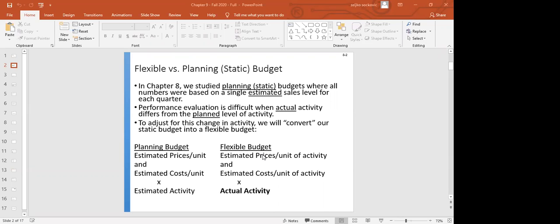And then we will be able to see if the difference is coming from the activity or if something actually happened with our functions, right? If we actually charged $10 for that t-shirt or not, that I was talking about before. Maybe we actually charged $9. Because if we sold fewer units or more units, and we multiply exactly by the $10 that we planned, then we should get a very specific number.